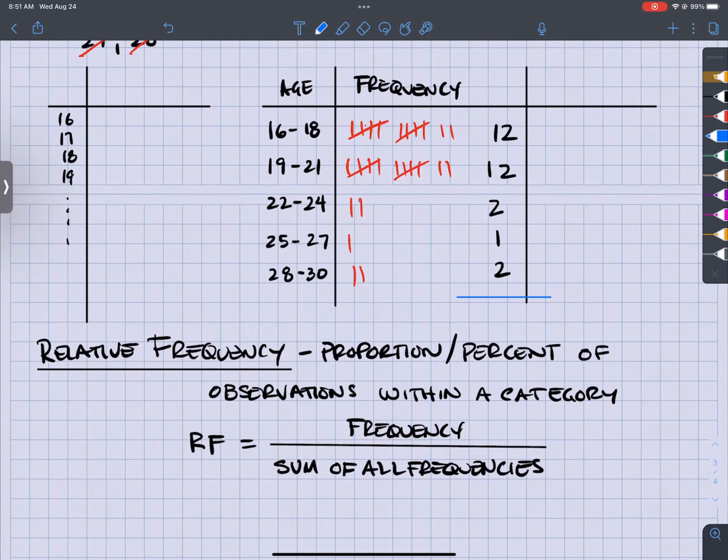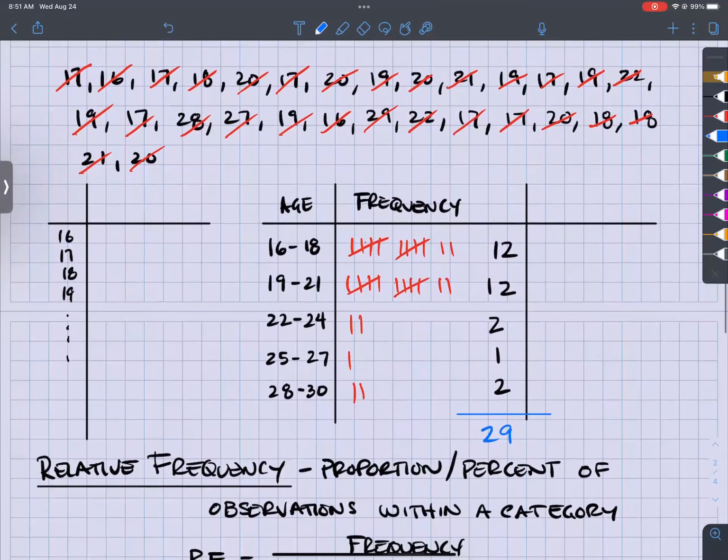About 29. So what I would want to do is from there, I might want to count out the numbers I have written up there, to make sure that I have definitely taken care of all of them. Because knowing some of you will be doing your homework with tally marks, and then you'll see a squirrel run by, and then you're like, did I mark that one or did I not mark that one?